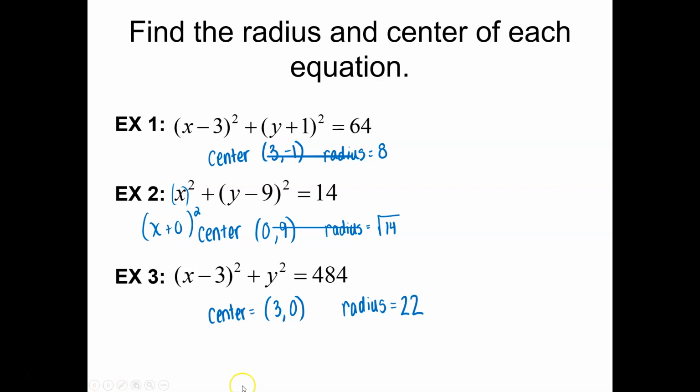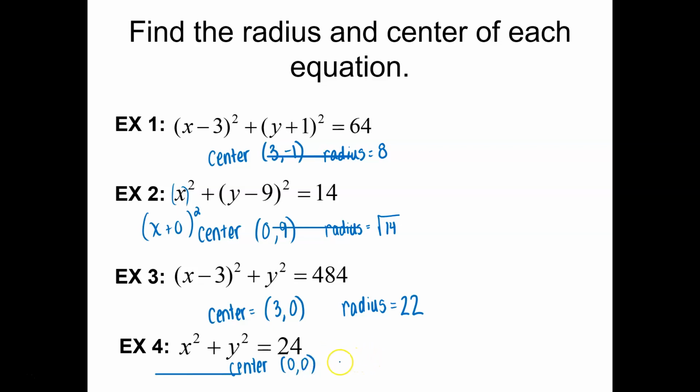Okay. Questions? Okay. These are pretty straightforward. You just have to know that formula there. Oh, there was one more. Lee, what would our center be for number 4? Perfect.